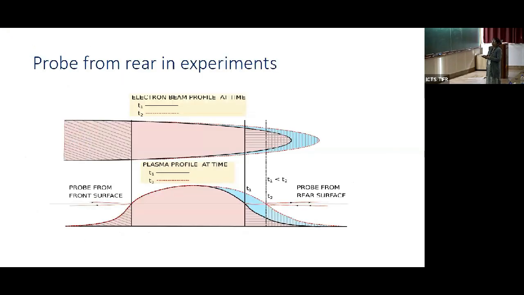Now, can it be measured in the experiment? That was the question. What was being done earlier is that one was sending a pump beam from this side and the probe beam also from this side. So it was capturing an integrated regime which was already disturbed. It was integrating up to the critical density of the probe beam, which was already disturbed by the beam.